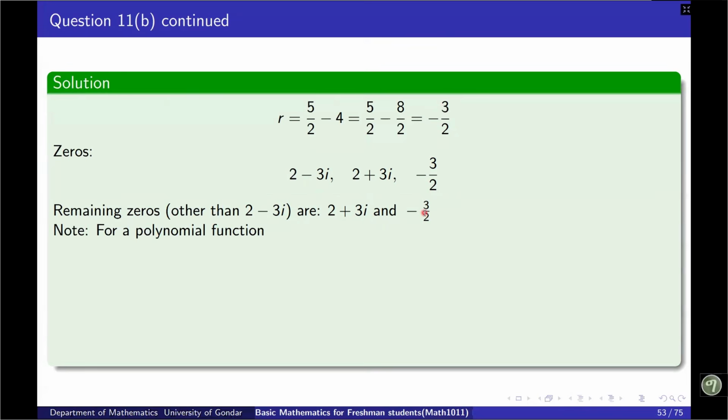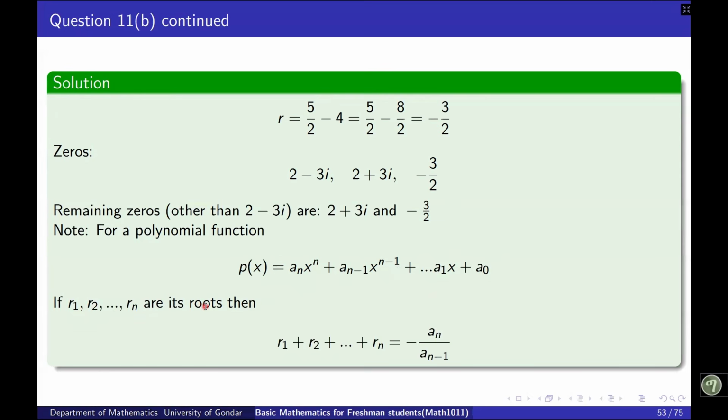Generally, for a polynomial function p of x equal to a_n times x to the power of n plus and so on, that is the general formula. If r1, r2 up to rn are its roots, then the sum of the roots of this polynomial function is the negative of a_n.